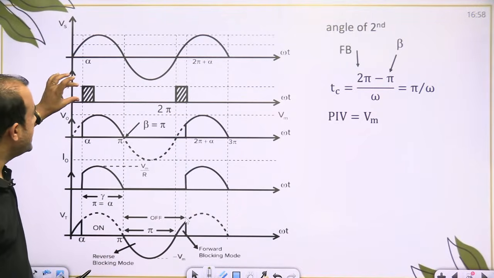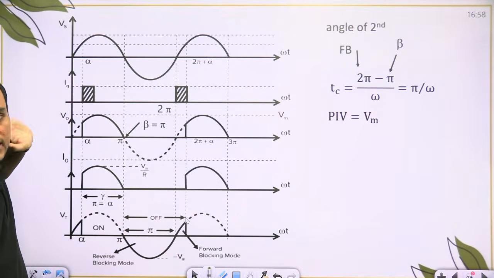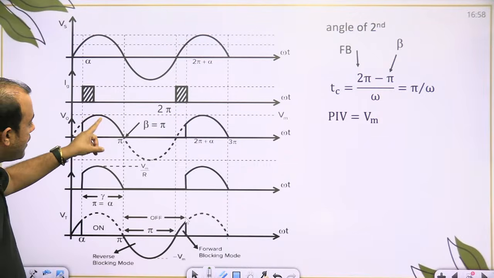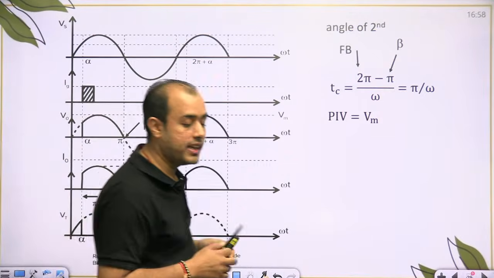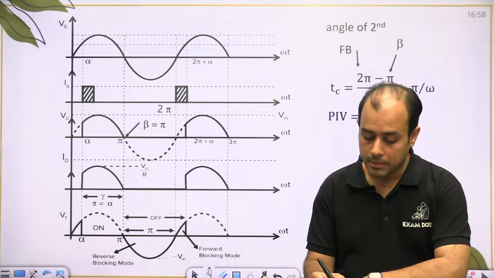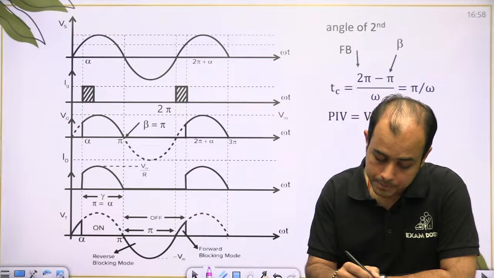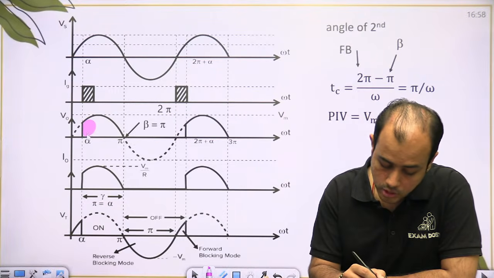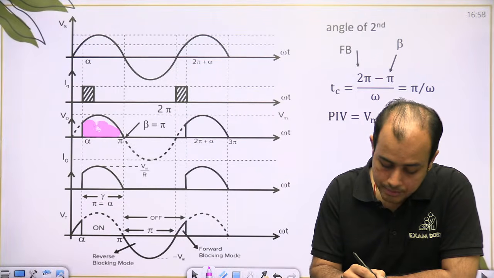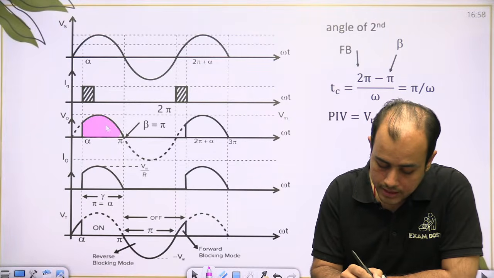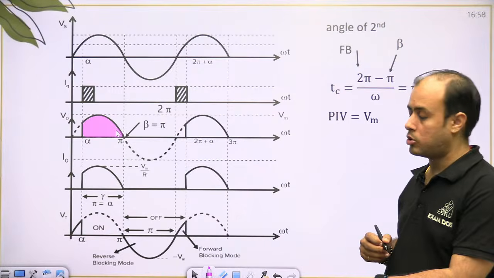So look, we are providing the firing pulse at alpha. So from alpha to pi, we are tracing the input voltage. Okay, from alpha to pi. Before alpha, the output voltage is 0, and after pi also the output is 0.